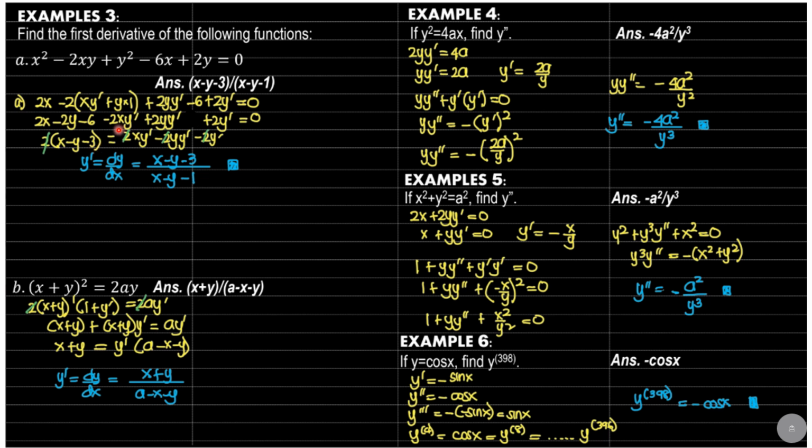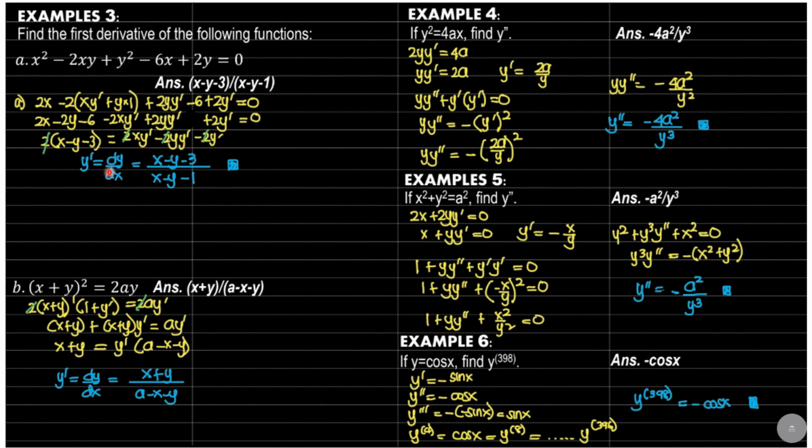Then transpose 2x y prime, 2y y prime, and 2y prime to the right. That's why we have positive 2x y prime minus 2y y prime minus 2y prime. Then we can cancel 2, or we factor out 2 from the right side, then cancel 2. So x minus y minus 3 equals, this is y prime quantity x minus y minus 1.